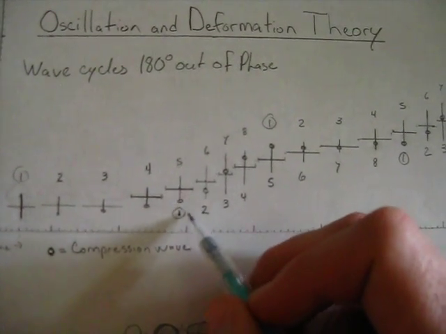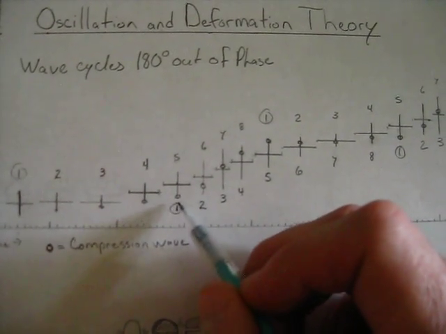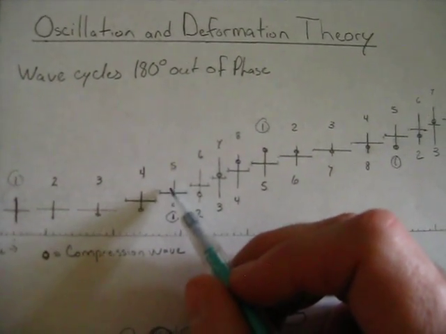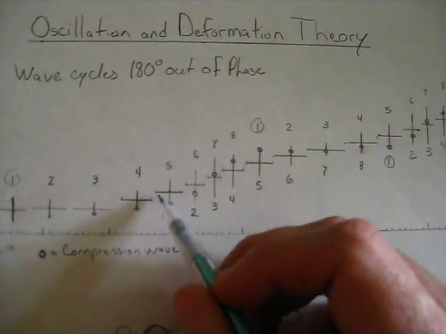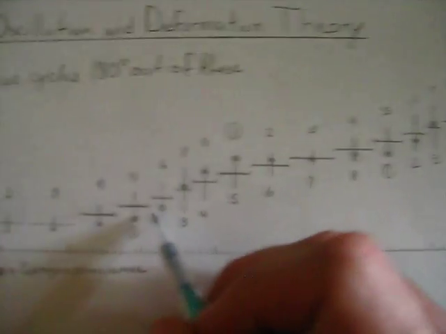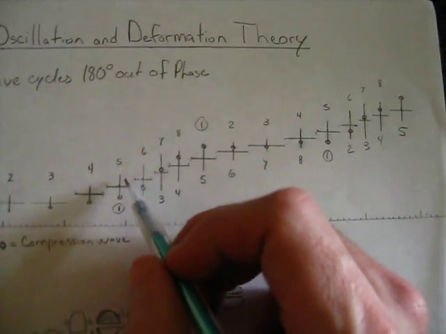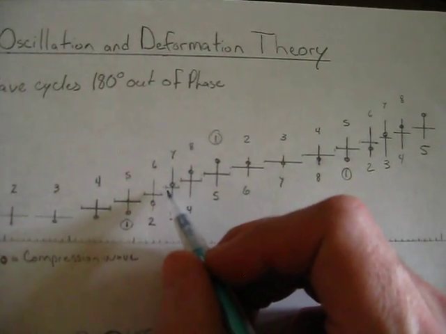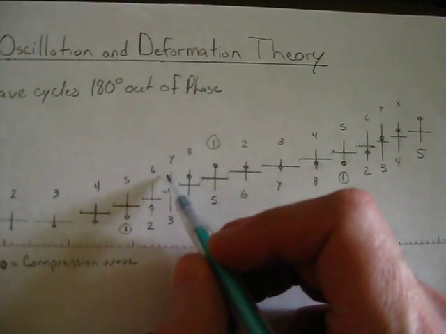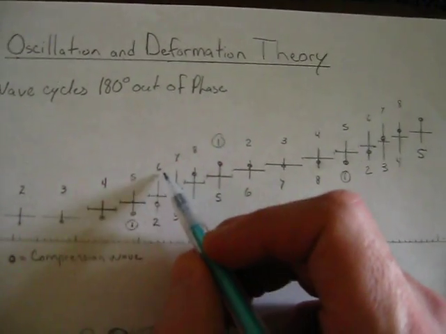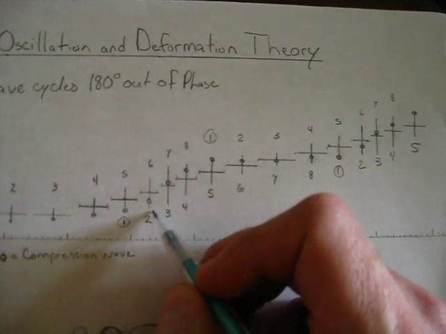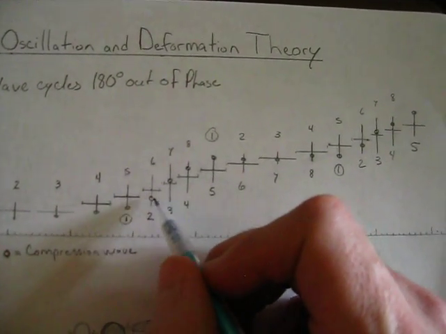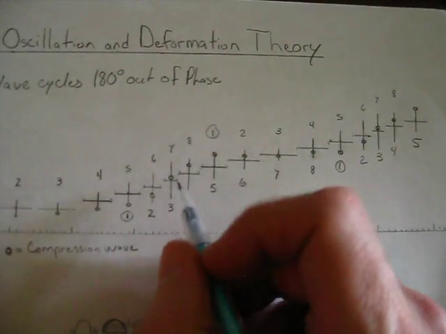So here, you can see this is where the compression wave cycle starts. This is the first phase, and this is where it'll start moving. And you can see that the x and y axes are equal in this instance. And it is the fifth phase of the deformation cycle. Okay, you can see now at the sixth phase of the deformation cycle, the y-axis has elongated now, and the x-axis has shortened, compressed.